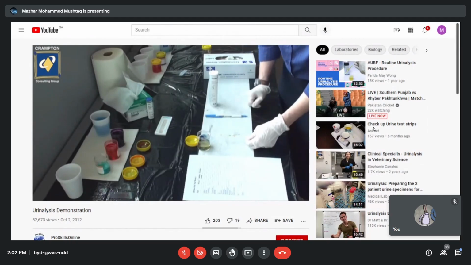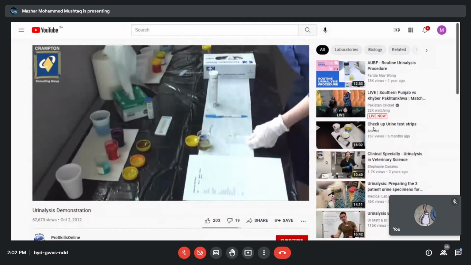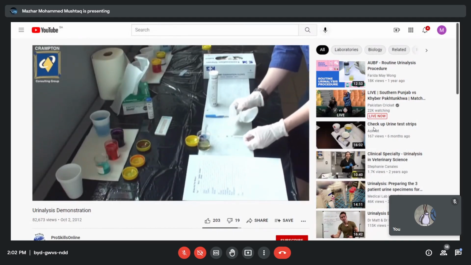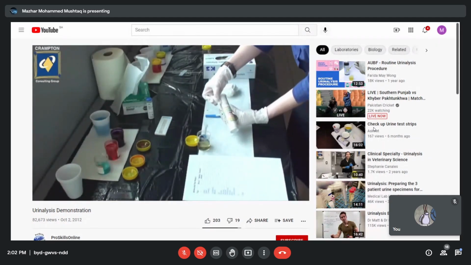Wait the allocated time and then tip the excess urine into a suitable receptacle, whether that's a kidney dish or it's tapped on to some absorbent material. Ensure that you check on the packaging which way you are to hold the strip to read the results. And then document the results that you get from the test on your result sheet.